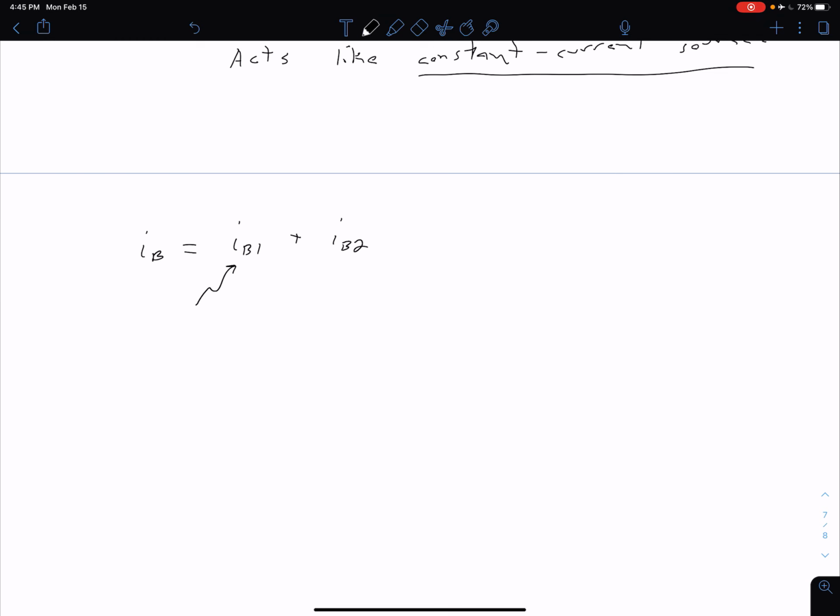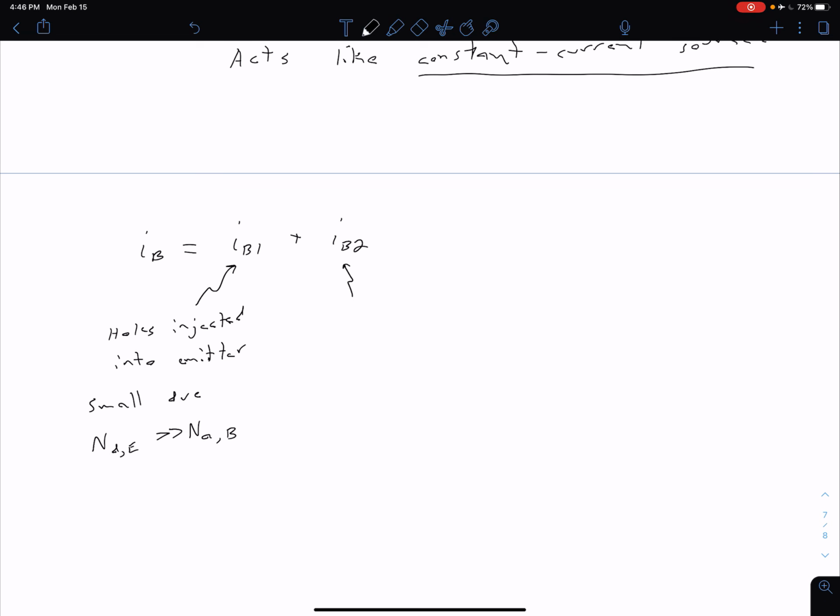I mentioned in the previous video that we can make IB1 small by appropriately doping the two regions. It's small because our dopant concentration in our emitter is much greater than our dopant concentration, N sub A, in our base. That's something we're not going to get into too much, but you can just take my word for that.